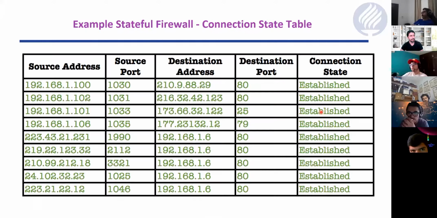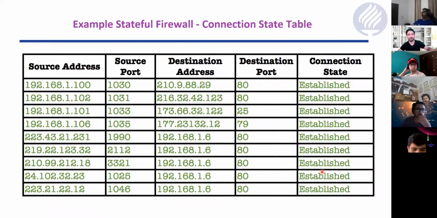In this example, you have the source address, source port, destination address, and destination port, and the connection state for the connection between these two IP addresses and these two ports. If this is established, you can let the packet pass. If it's not, you can drop the packet.